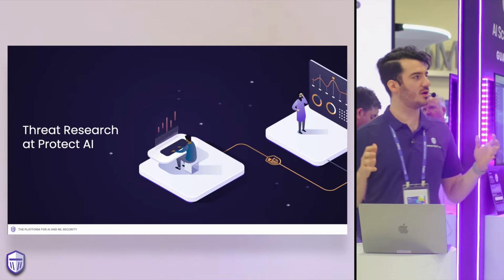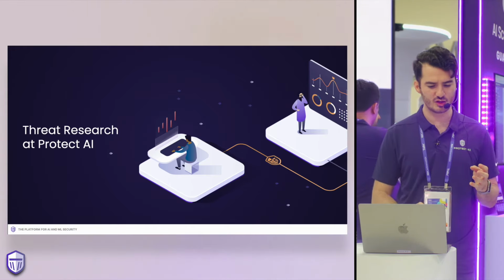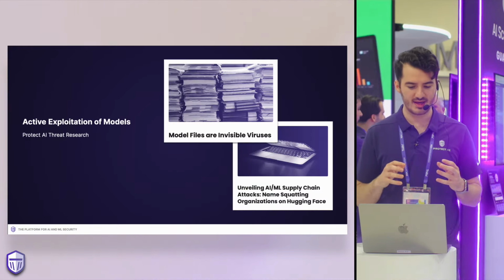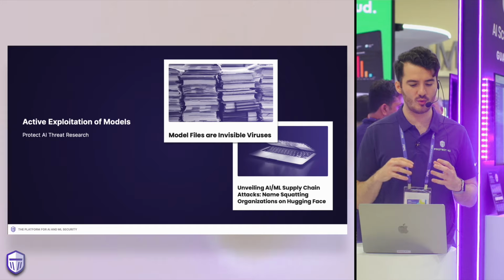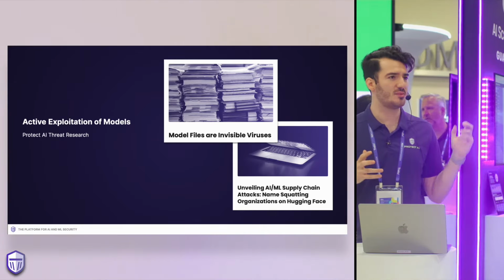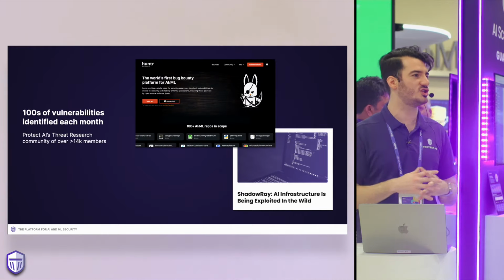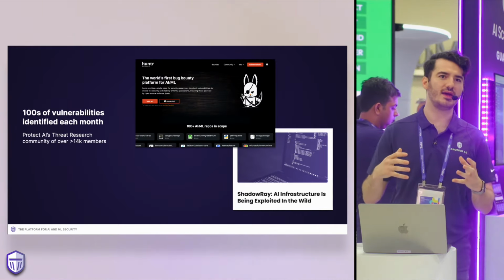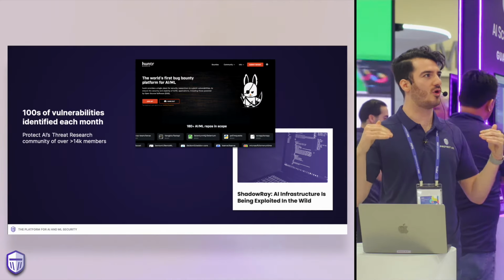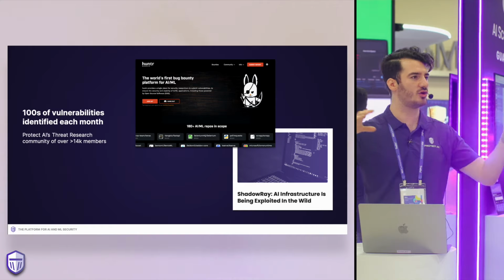Now, what do we do at Protect AI to research into these threats? I would say it's twofold. So first of all, we detect active exploitation of models in the supply chain. So for example, with our senior security threat research team, we discovered what is now known as the ShadowRay attack. Ray is a toolkit for at-scale computation in AI and ML. It's basically a task orchestration engine.